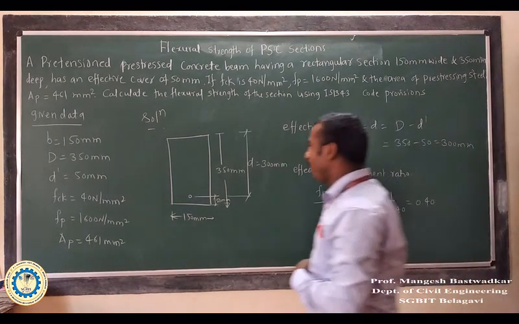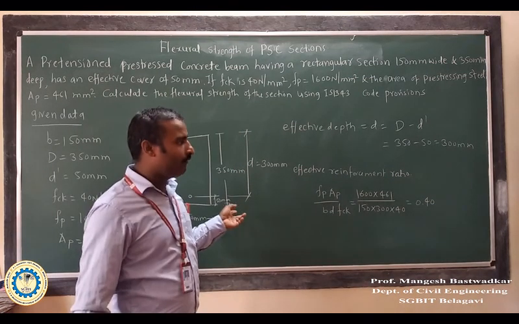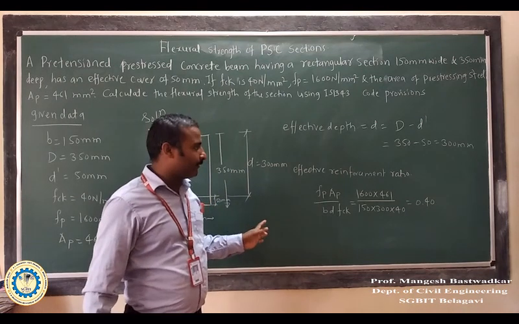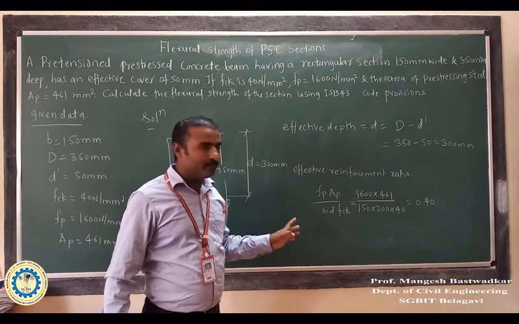Now we need to obtain the value of fpu by 0.87 fp and xu by d.